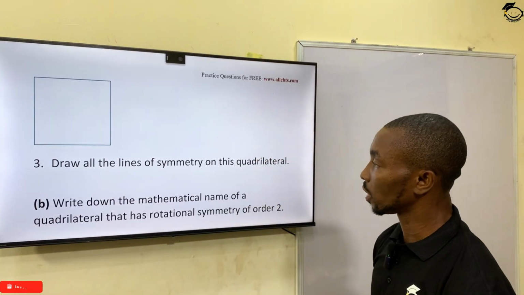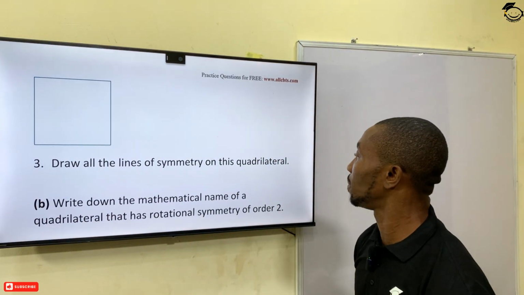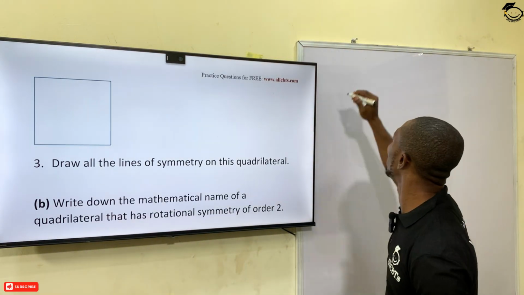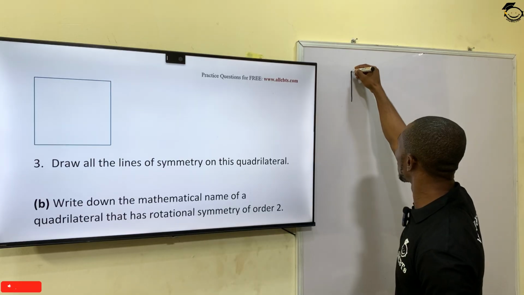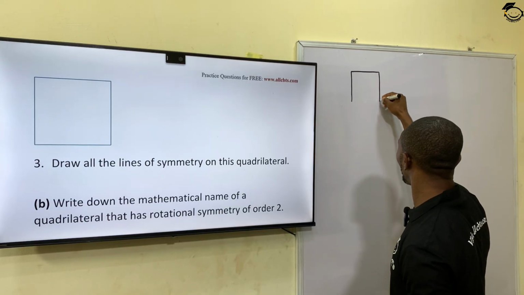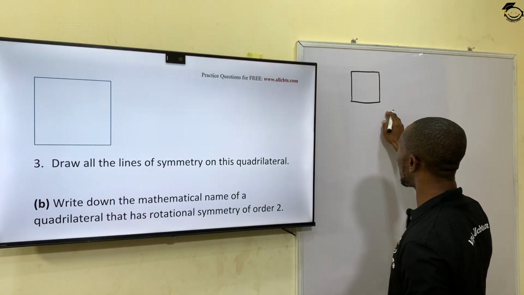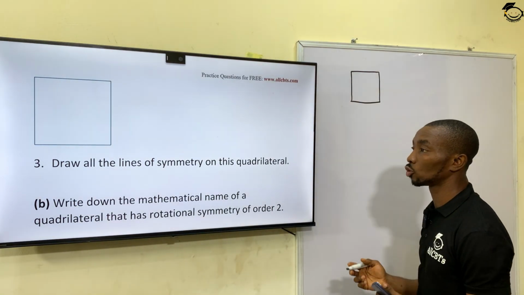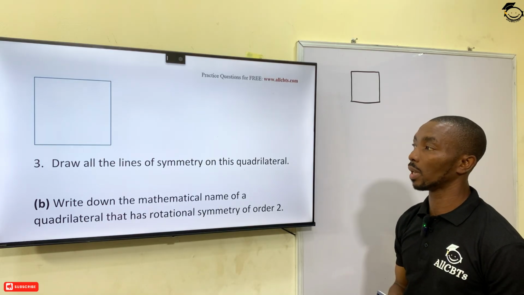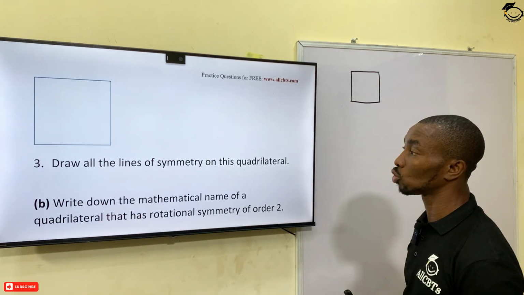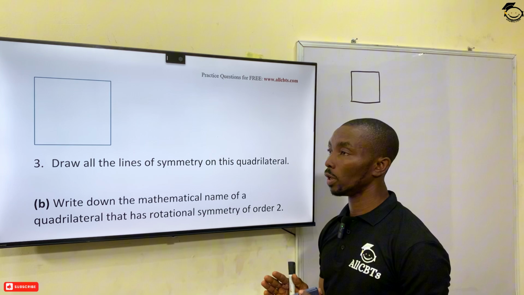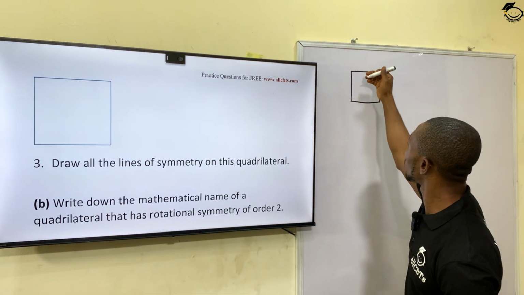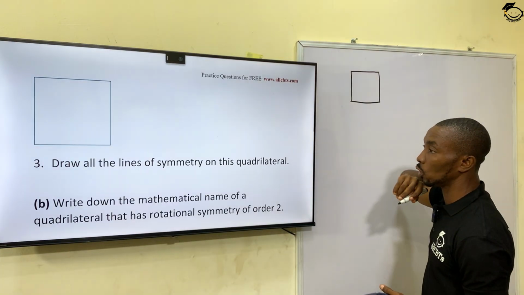Our next question says, draw all the lines of symmetry in this quadrilateral. This quadrilateral is a square, and for a square, all sides are equal. What's a line of symmetry? A line of symmetry is a line that divides the shape into two mirror images of itself, or two equal parts. One part is a mirror image of the other part.